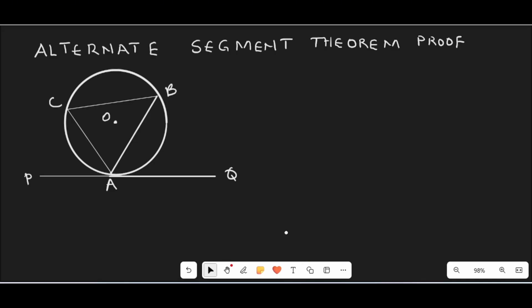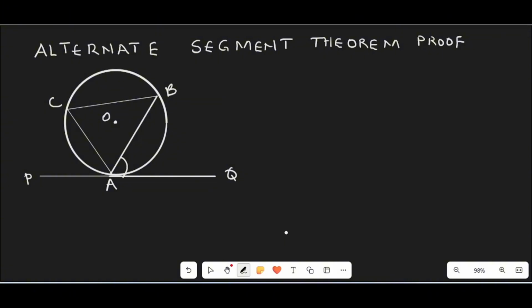Let A be a point on the circumference of the circle and O be the center of the circle. Let's assume that PQ is the tangent of the circle that passes through the point A. Let us say that the tangent makes an angle of Y with our chord AB.